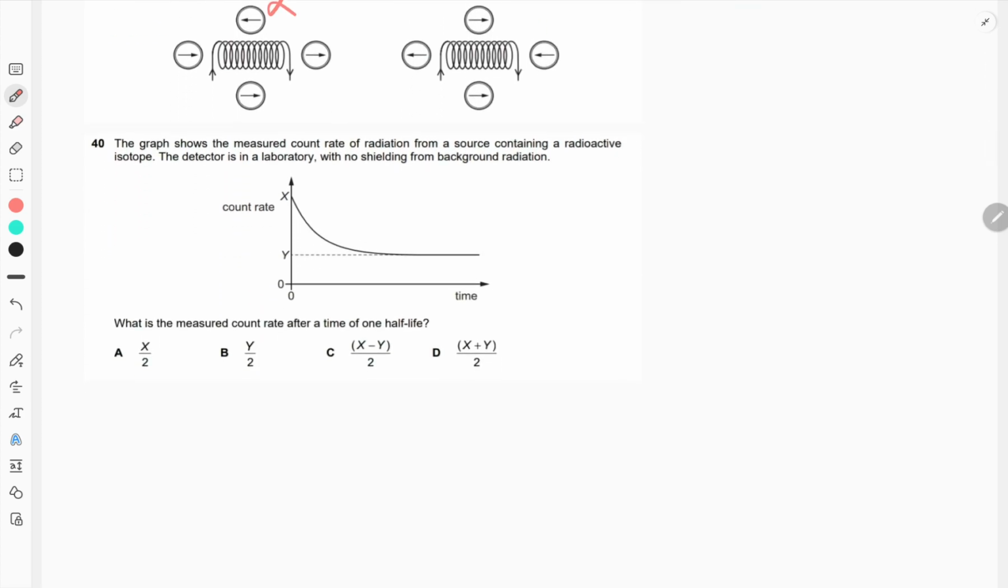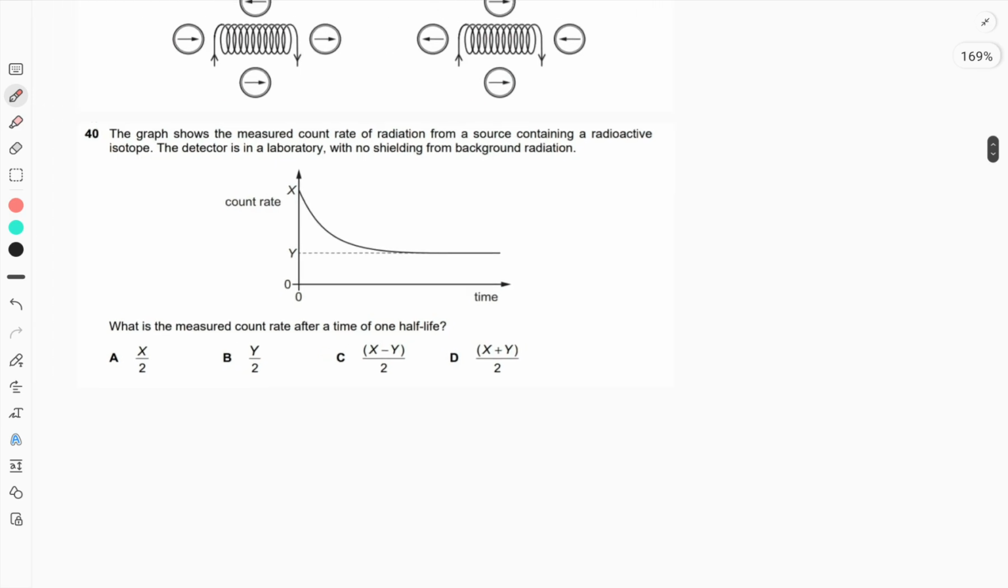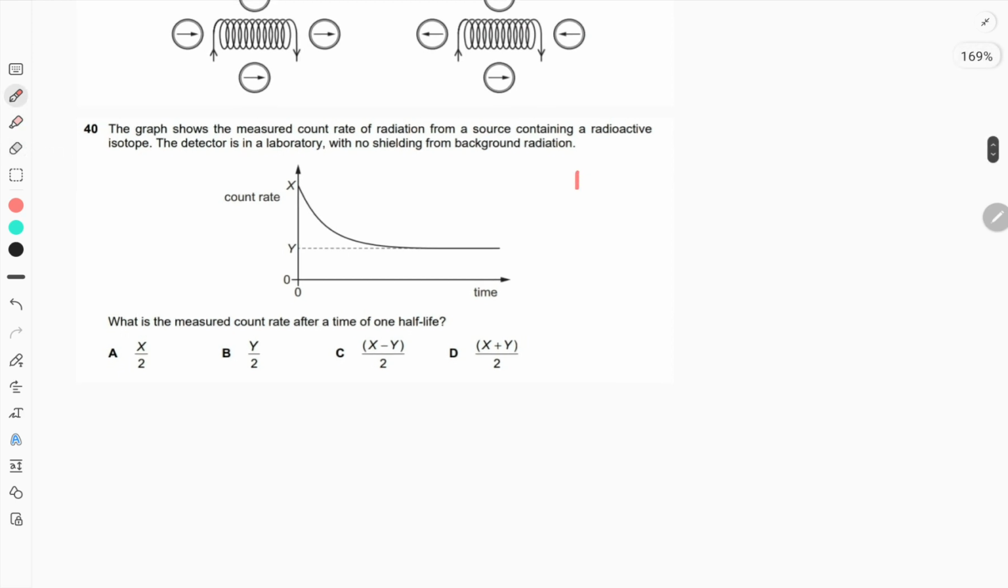Now coming to question number 40. Looking at the graph, I can make out that there is some background radiation. How do I know this? Because the values are not changing now. So from here I can clearly say that my background radiation is Y. I can also tell you at t equal to 0, my initial count is X. So this X is my sample along with background radiation count, right?